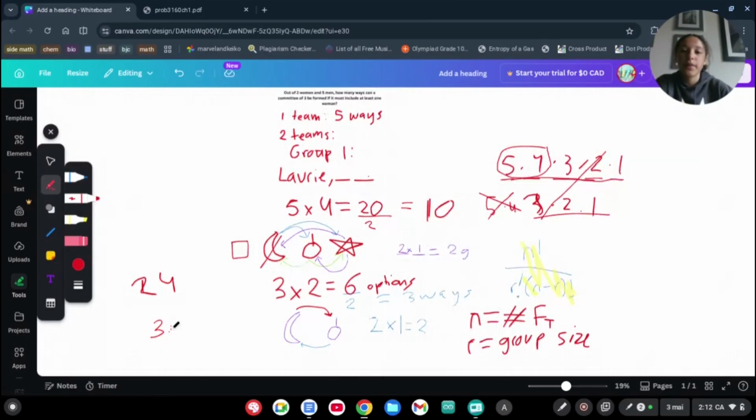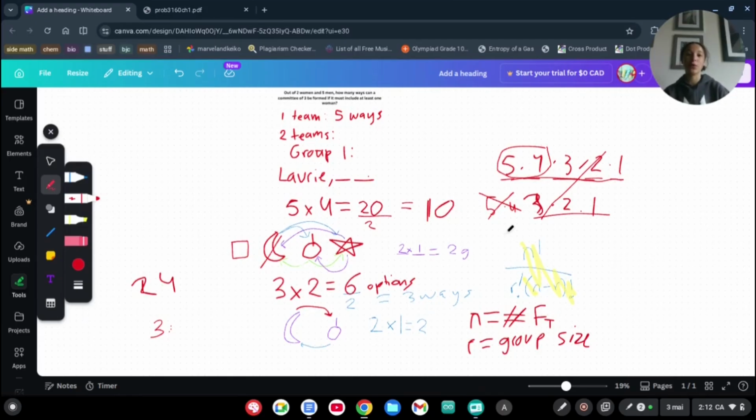Okay, so that's kind of where this equation gets derived. Obviously, the r factorial, we understand that that's to say how much am I overcounting from? How many ways can I make a group of that group size? So if group size is 4, how many ways can I order 4 people? And of course, those 4 people are going to be going in a group of 4.